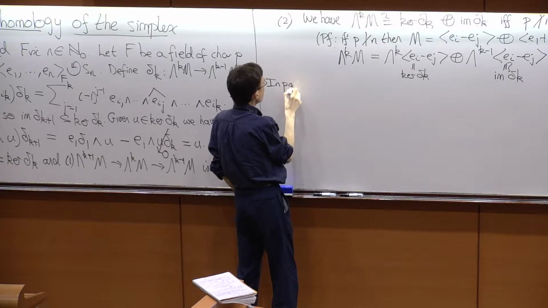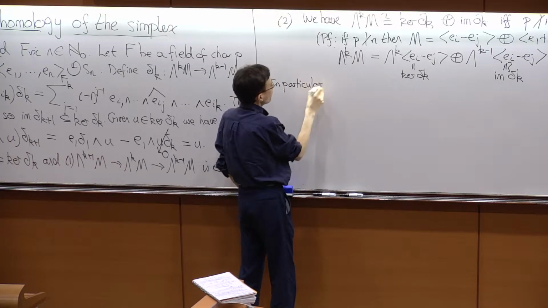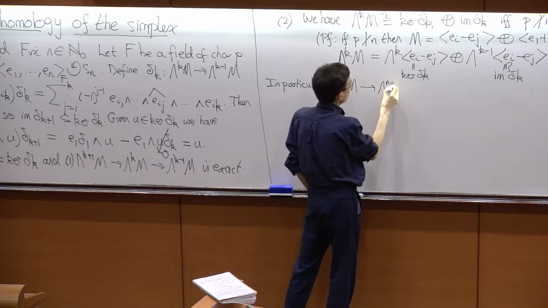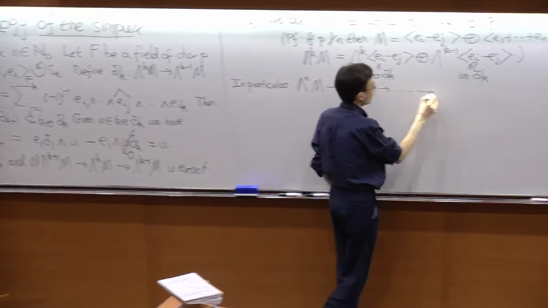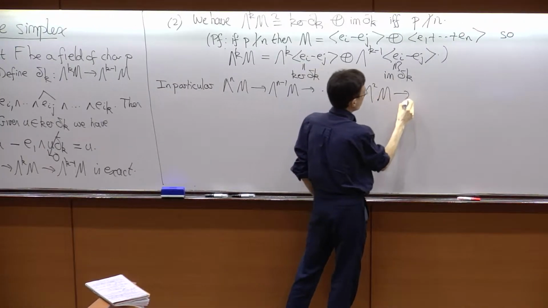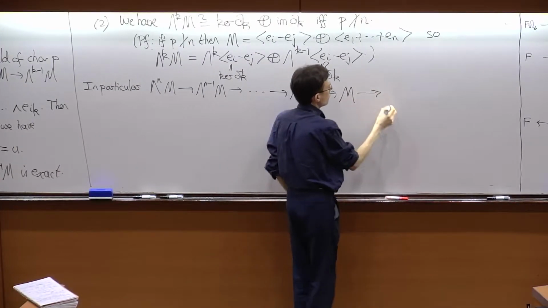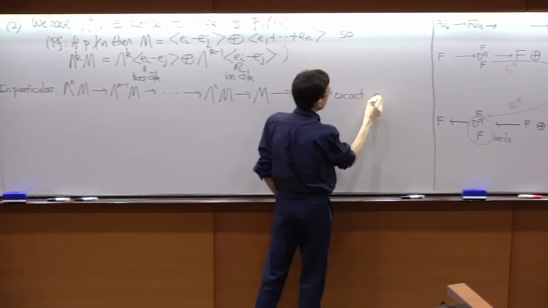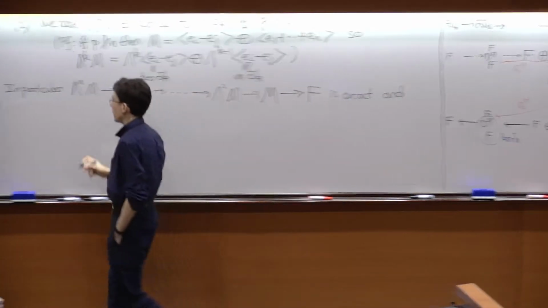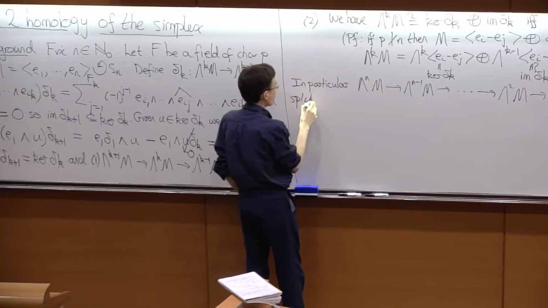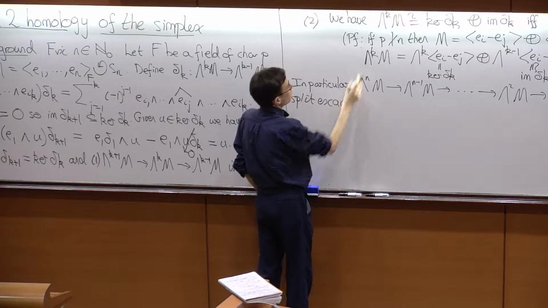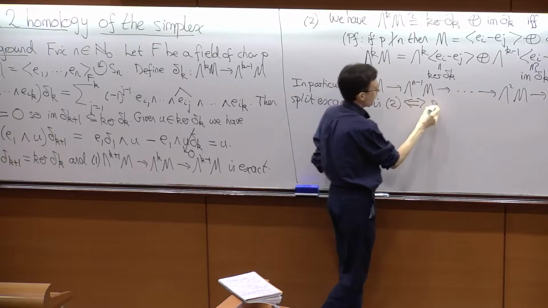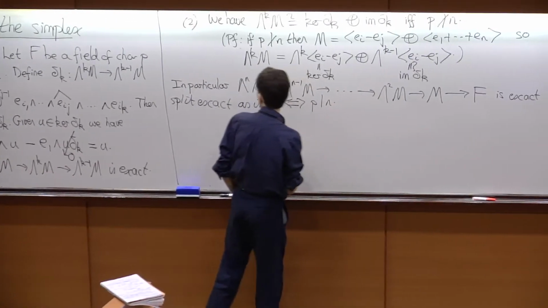So in particular, the full sequence wedge n M to wedge n minus 1 M and so on, wedge squared M to M to the field is exact and split exact, by which I mean that we have the property in 2 if and only if p divides n.